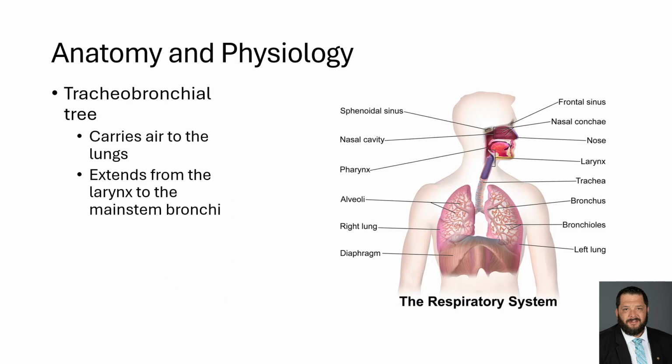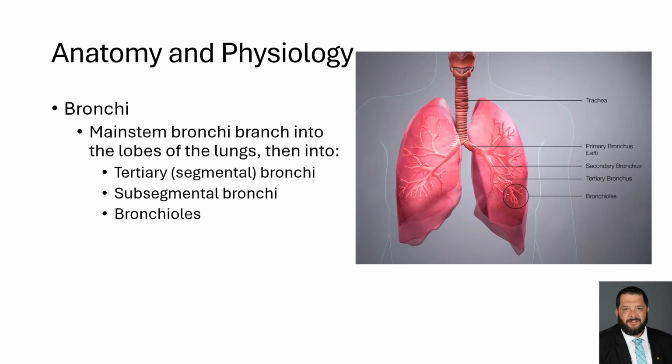The tracheobronchial tree carries air into the lungs and extends from the larynx to the mainstem bronchus. So the very most upper portion of the airway is where air leaves the hypopharynx, the oropharynx, and the nasopharynx. The main stem bronchi branch into the lobes of the lung and then move into more tertiary segments, or tertiary bronchi, and then subsegmental bronchi, and then ultimately bronchioles.